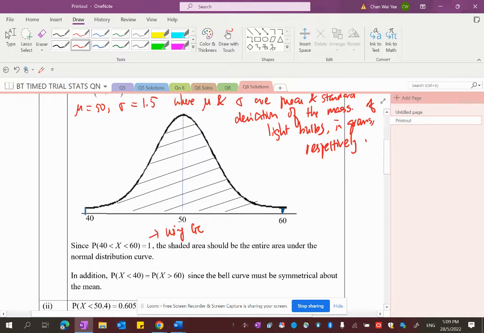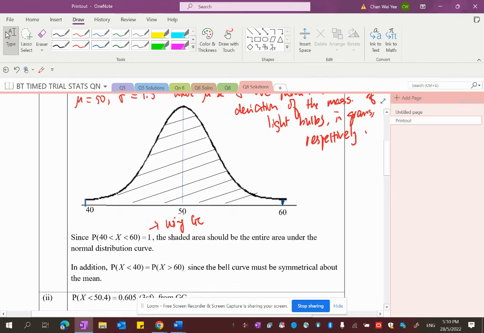Furthermore, because 50 is the mean, and 40 and 60 are in equal interval from 50, 40 is 10 units away from 50, and 60 is 10 units from 50 on the right hand side. So the probability of this area and this area will be the same, symmetrical about the bell curve.